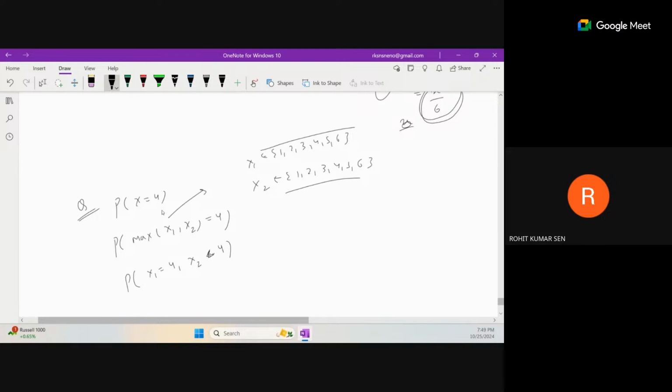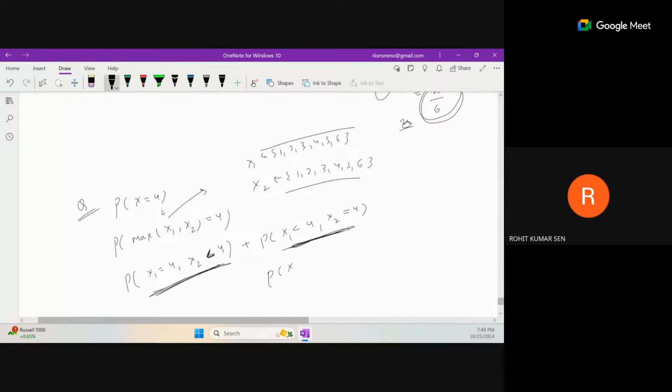lesser than 4, right? One value is 4 and the other one is lesser than 4. Now if you take the max of these two values, it is going to be 4. Plus, my x1 is lesser than 4, my x2 is equal to 4. If you again take the max, it is going to be 4.